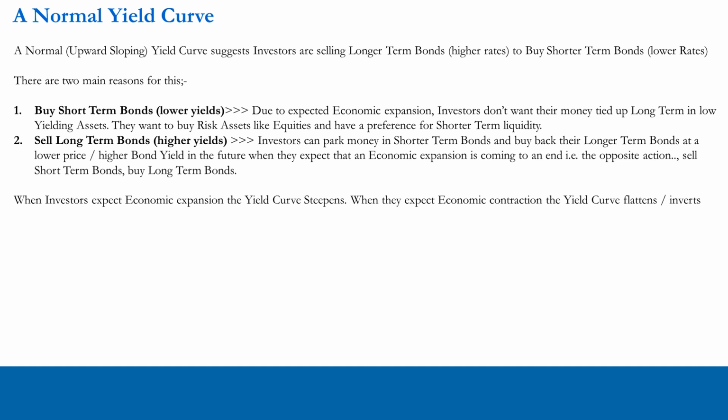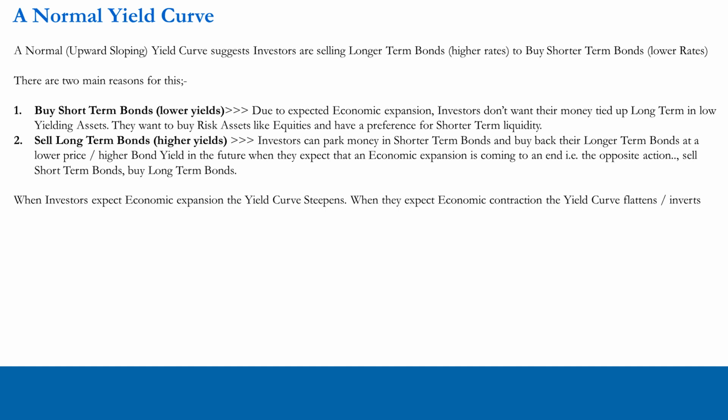And what's happening on the other side of the curve in long-term bonds on a relative basis? Well, investors, because they have a preference for shorter term liquidity in an expected expansionary phase, are selling long-term bonds on a relative basis, okay?